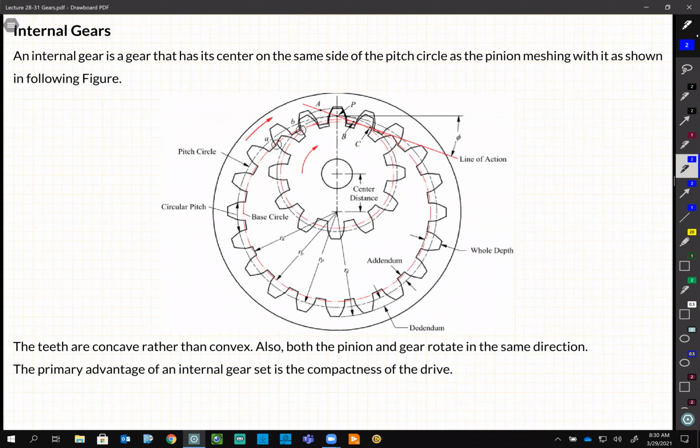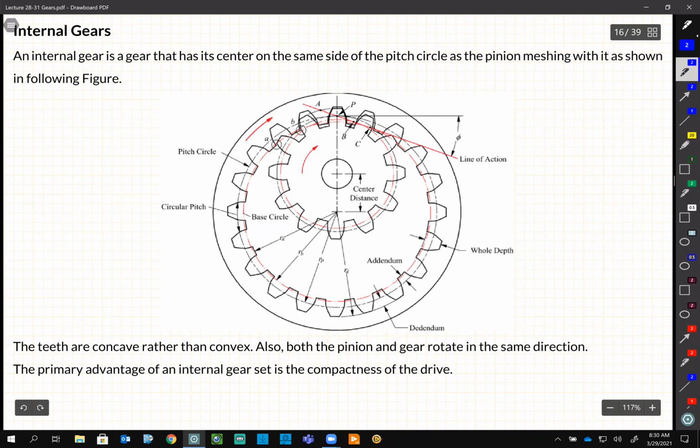Internal gears, the only difference, as you can see, is that the teeth are now inside. Unlike a normal gear, and maybe I should use a different color, the teeth here, instead of being convex, they are concave.